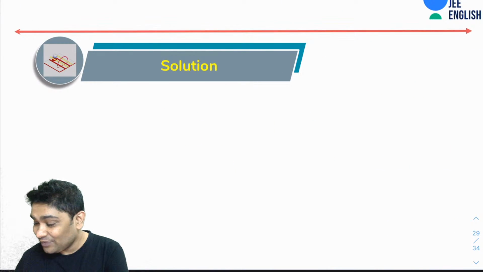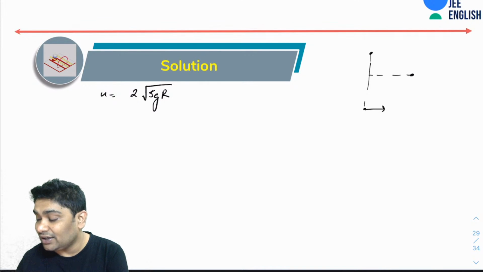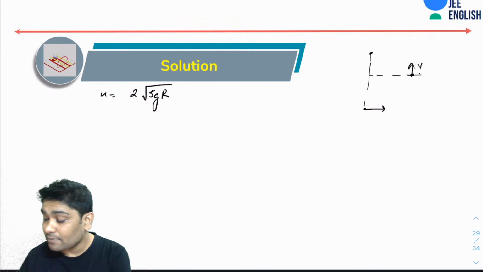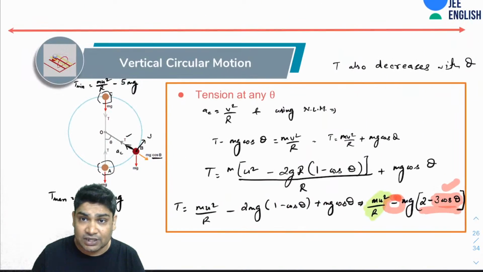So here you've been told that the initial speed was u equals 2 times root 5 gr. Then obviously when you reach here, you can apply the work energy theorem and find the v. You don't really need to memorize these expressions, by the way.